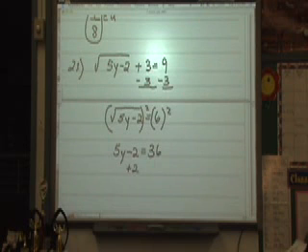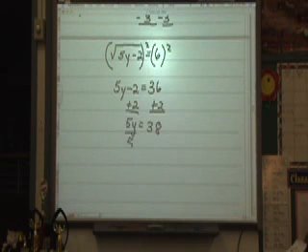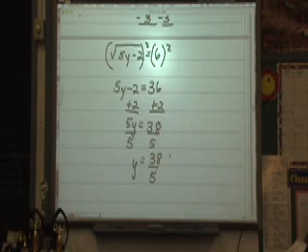Add 2. 5y equals 38. Divide by 5, and y is 38 fifths.